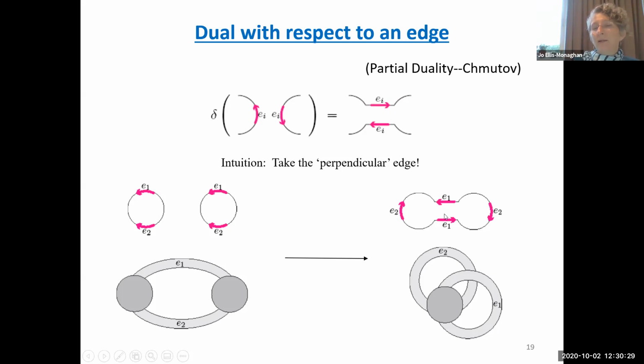And then do the perpendicular transform here. And this now, it's not very circular, but it is a disc. If you attach the ribbons onto these arrows, this is the result of taking the partial dual with respect to edge E1 of this graph.